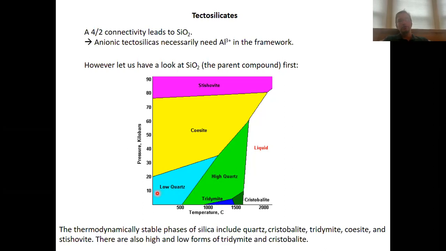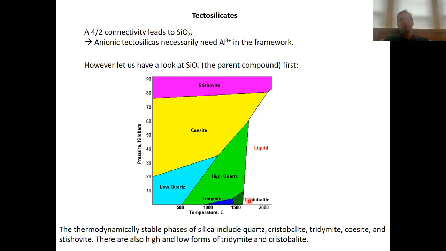So if you stay at relatively low pressure and go higher with the temperature, then your high quartz will convert into tridymite, and at even higher temperatures, at approximately 1500 degrees Celsius, you will have cristobalite as a thermodynamically stable form, and above 1600 degrees Celsius, SiO2 will be thermodynamically stable as a liquid.